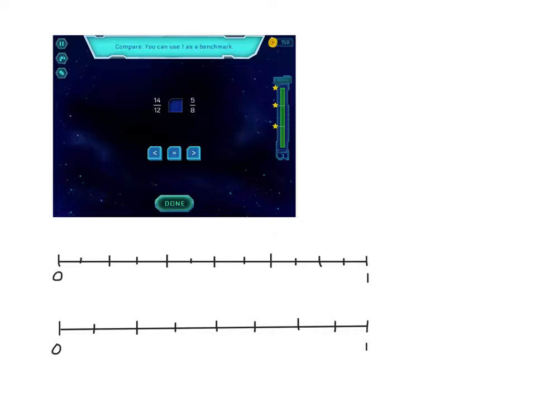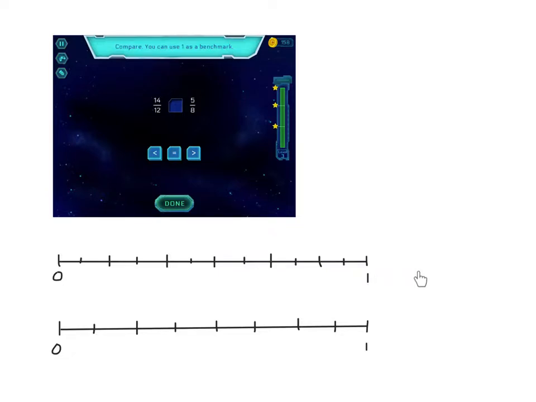All right, one more example. I have 14/12. I want to compare it to 5/8. 14/12. I have exactly 12 equal parts here on this number line. If I were to plot 14/12, well, here is 12/12. 14/12 would be off the chart here.